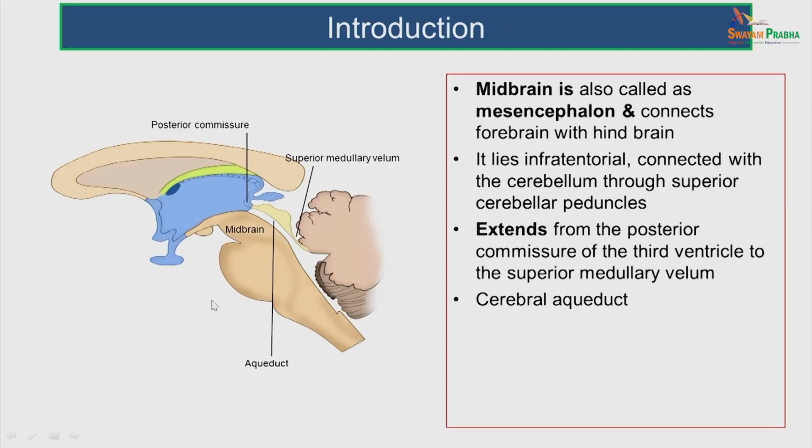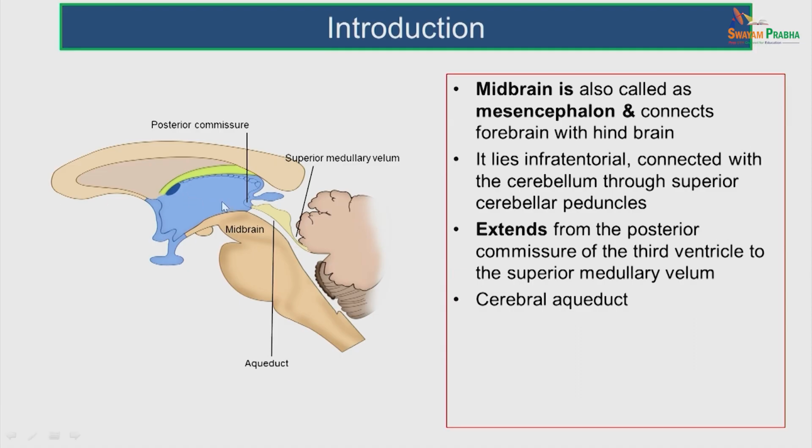The midbrain connects the forebrain with the hindbrain. The cavity of the midbrain is the cerebral aqueduct. The midbrain lies in the infratentorial part and is connected with the cerebellum through the superior cerebellar peduncles.